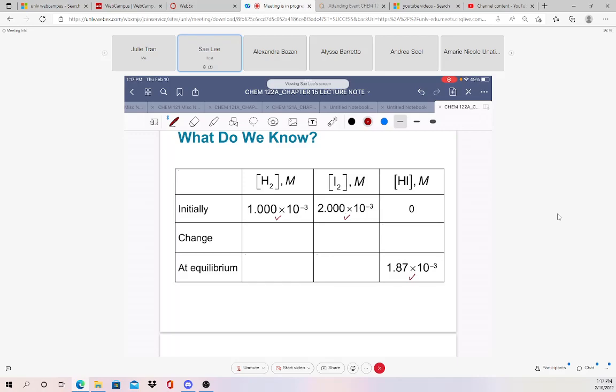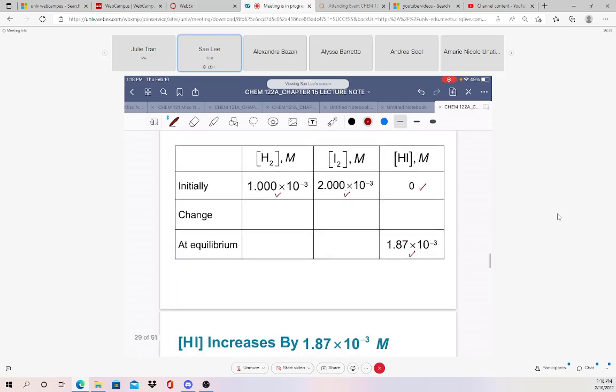And one thing we also know is that because there wasn't any product in the beginning, the concentration of the product should be 0 initially. So that's what we already know. What we need is the reactants' concentrations at equilibrium to calculate Kc.